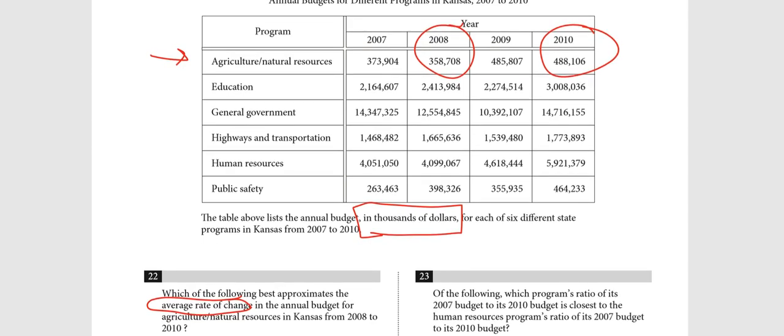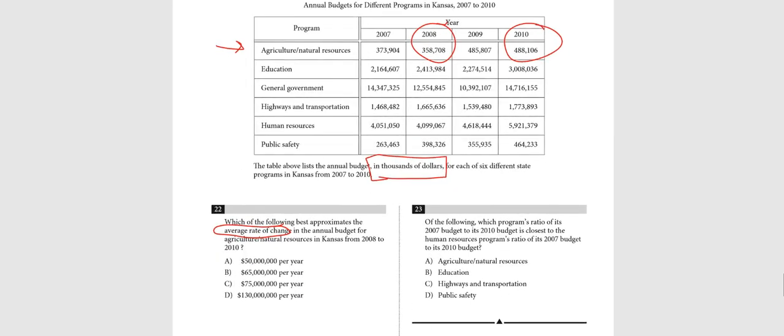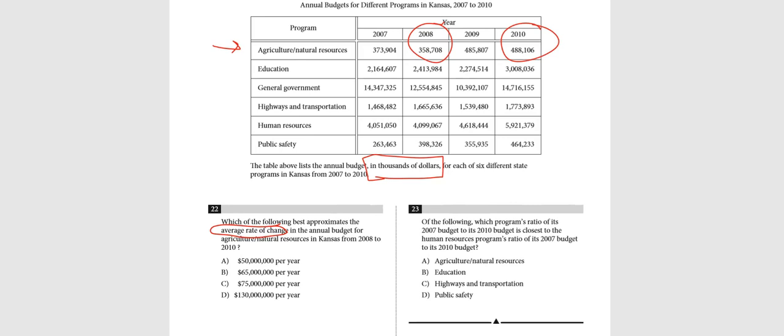Now, can we simplify this a little bit? Could we do 488 minus 359 over 2?